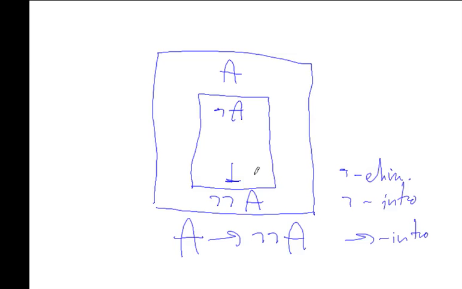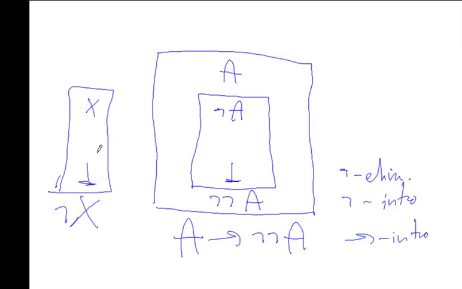They kind of go together, because the not introduction, if you recall, the way you introduce it was that we start off wanting to prove not x, and the way we do it is that we assume x and we get a contradiction. But to get the contradiction, we need a not elimination basically. It's the only way really we can get to a contradiction. So you can see that a not introduction and a not elimination kind of go together.